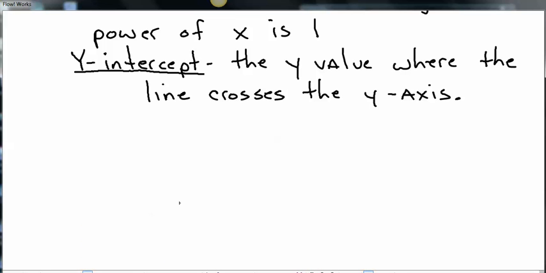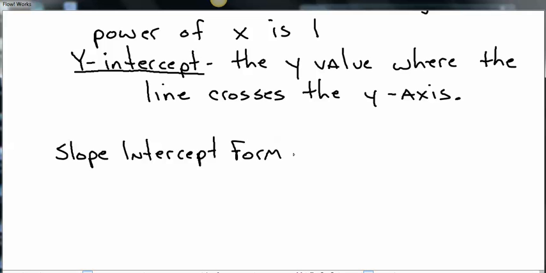Bottom of page 329. Slope-intercept form. Slope-intercept form of a linear equation of a non-vertical line is y equals mx plus b.